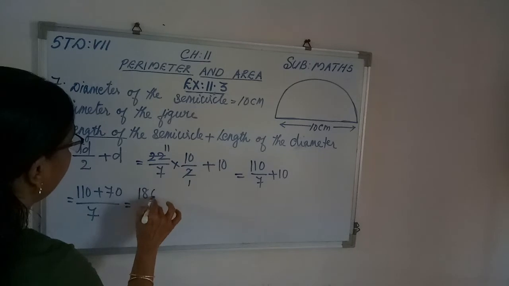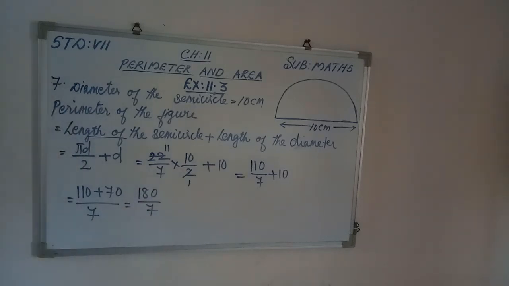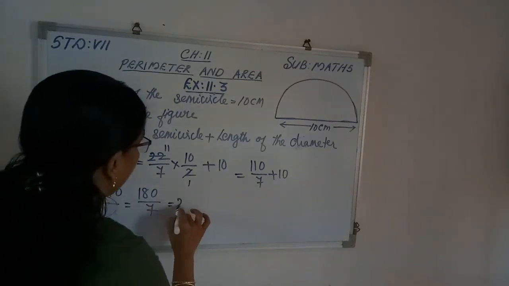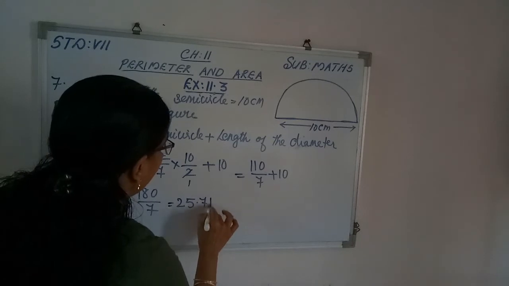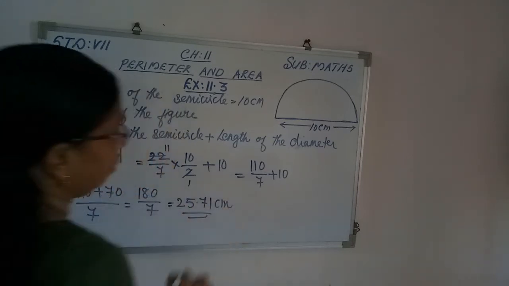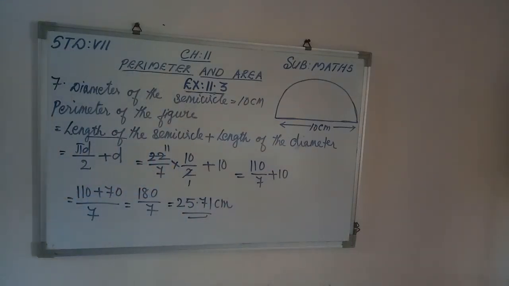That's equal to 180 divided by 7. What is 180 divided by 7? Divide and find out. You will get 25.71 centimeter. You know division, you have to divide and find out. 180 divided by 7 is 25.71 centimeter.